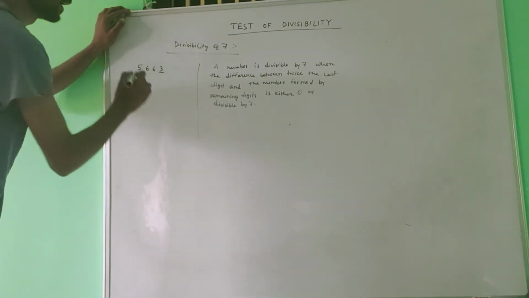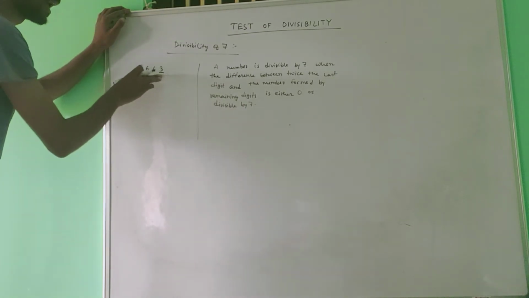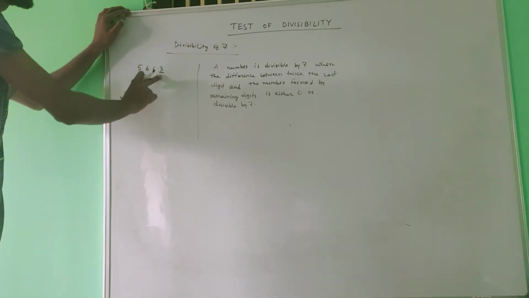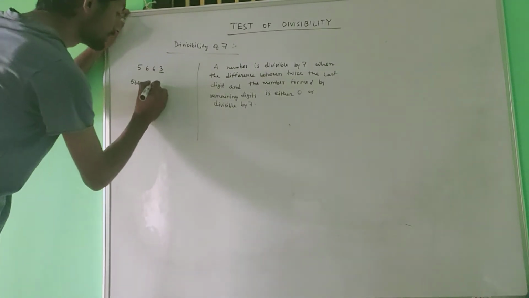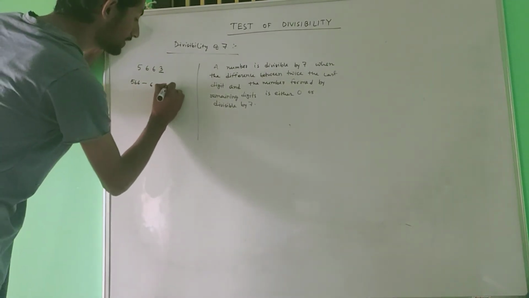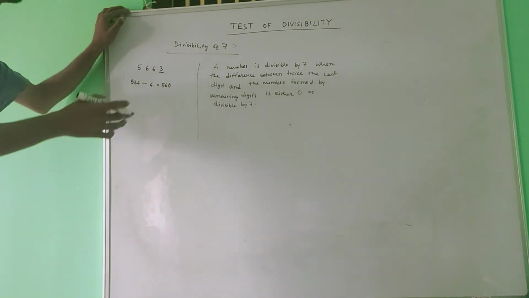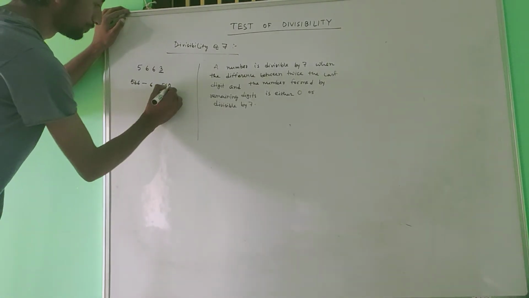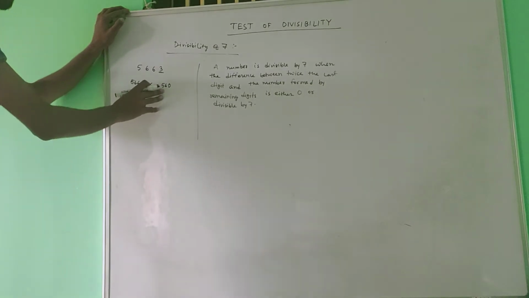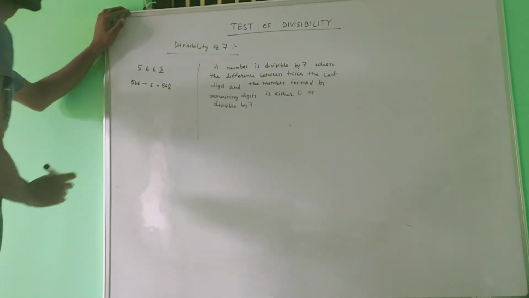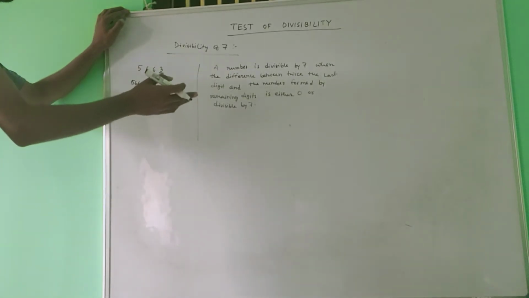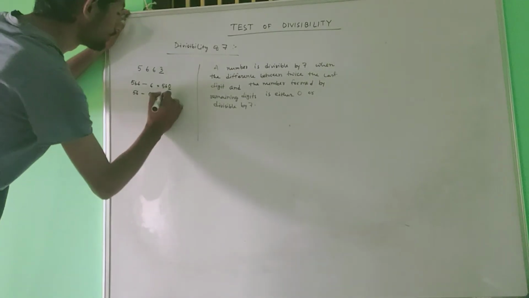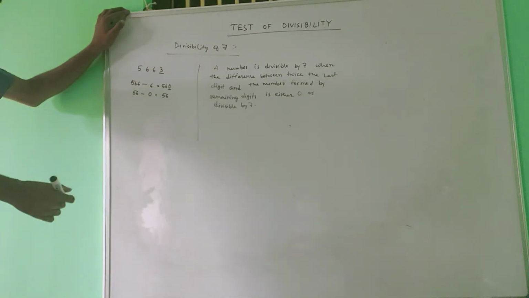Now we have to find the difference. So 566 minus twice the last digit, 2 times 3, that means 6, which is 560. Again we will do this, because we cannot solve this directly. The last digit is 0, so 56 minus twice 0, which is 0 only, so we get 56. Now we can see over here it is 56.